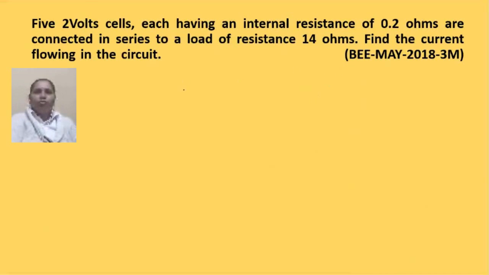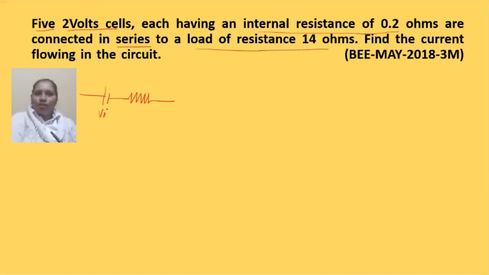Here it is given that 5 2-volt cells having an internal resistance of 0.2 are connected to a load of 14 ohms, in series. What is a cell? This is how a cell is represented.